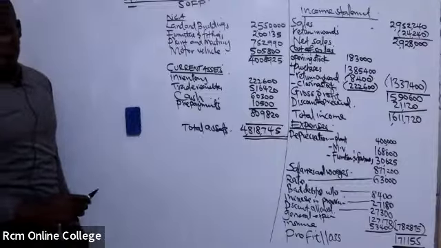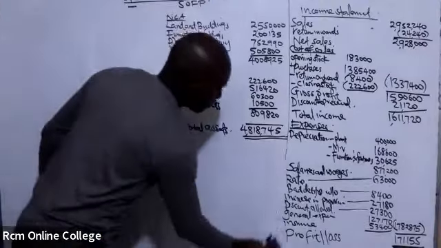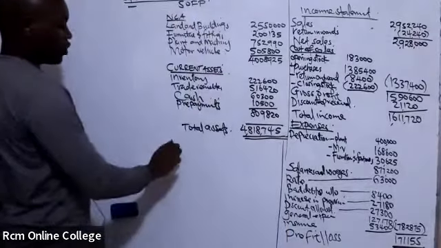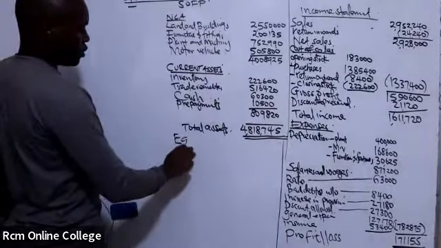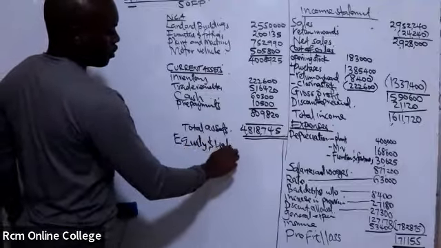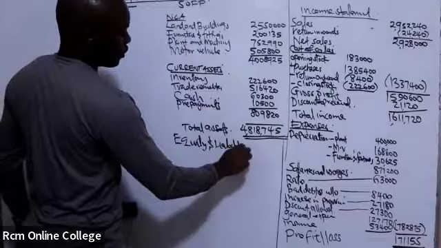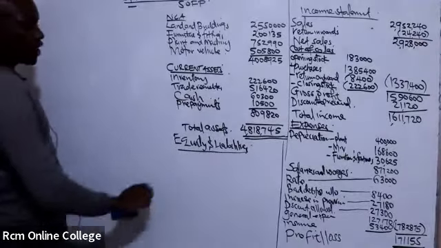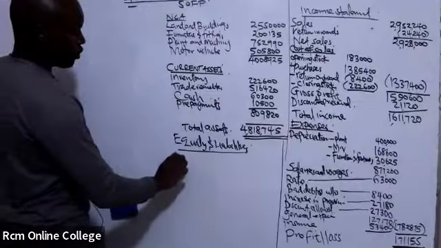Right? So let's go to the equity part. So equity and liabilities. Now, under equity and liabilities, we start with capital.